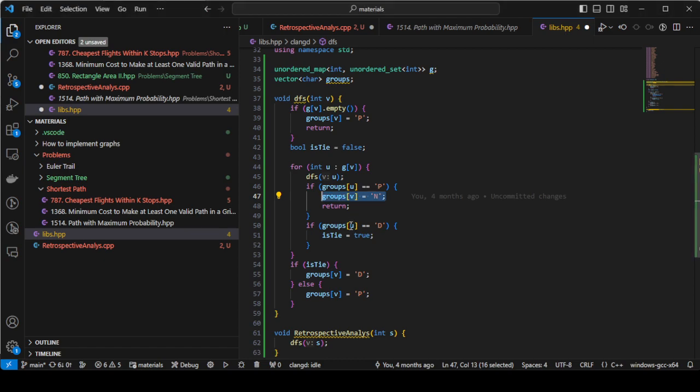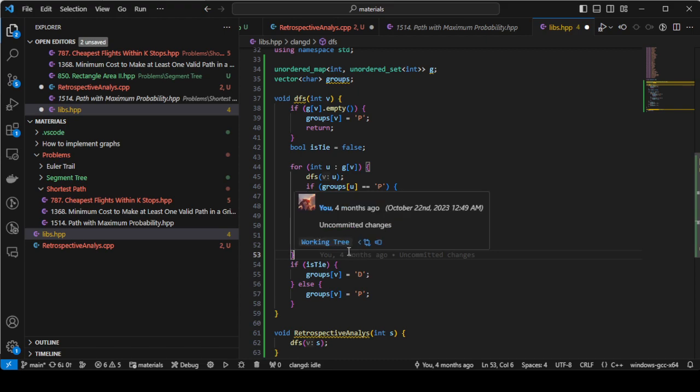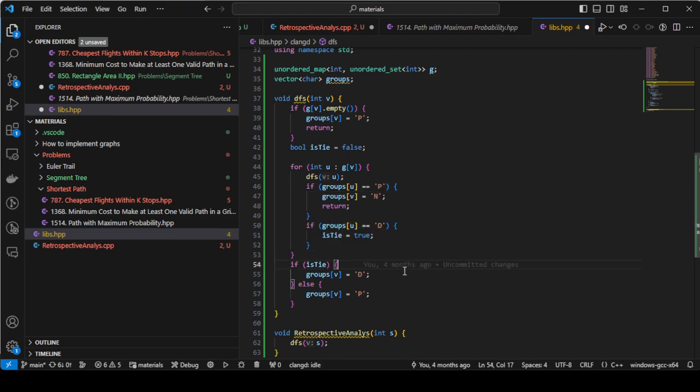Second, if we didn't meet any P vertices, we just mark our vertex like that.